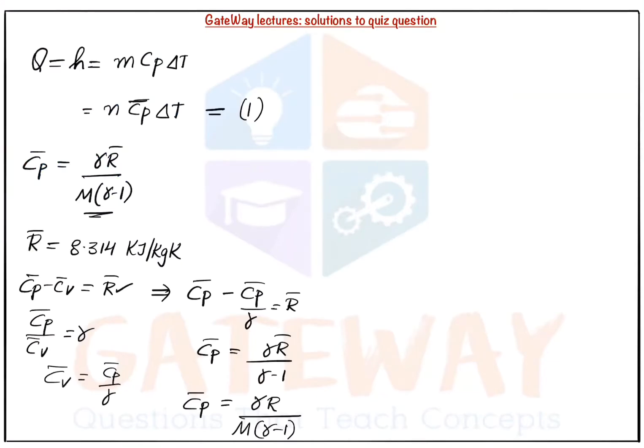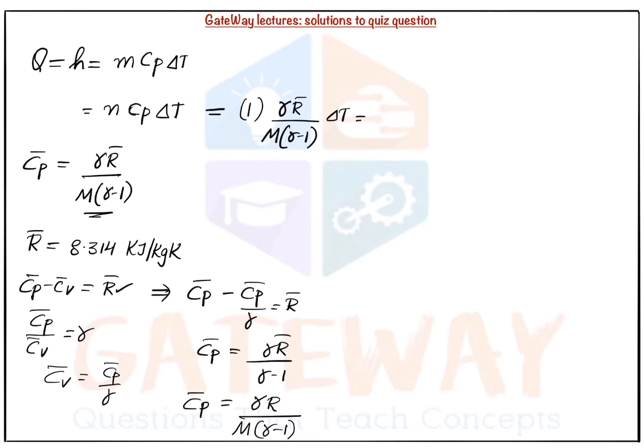So we assume it for 1 mole. Cp can be written as gamma R bar upon m into gamma minus 1 into delta T.